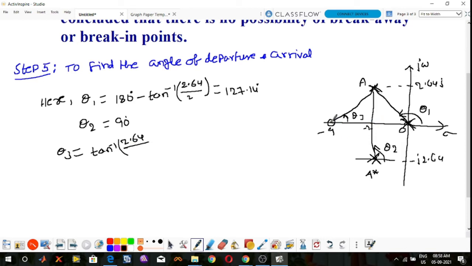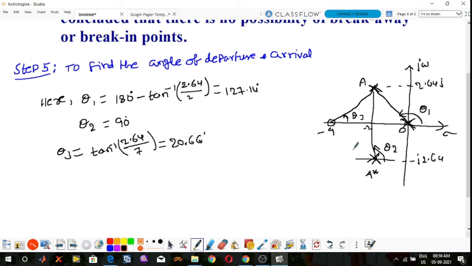And here to here, what is the distance? 7. So shift tan inverse of 2.64 divided by 7 gives 20.66 degrees. So these are the angles theta 1, theta 2 and theta 3 from this figure.